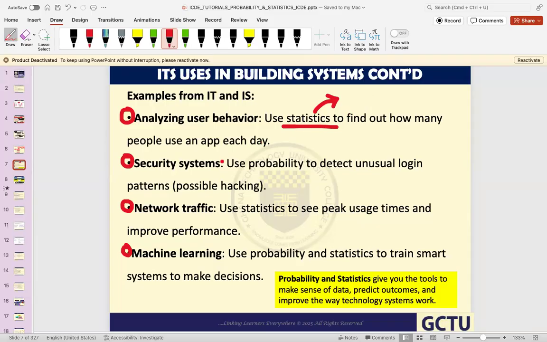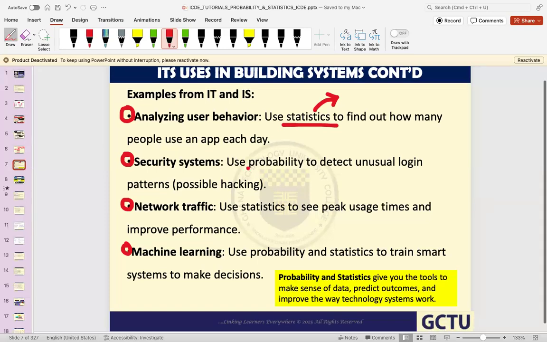Security systems, the hacking and the scammers and the rest, sometimes we can use probability to be able to detect their activities or actions. Network traffic can also be analyzed using statistics. Machine learning will use both probability and statistics to train something we call smart systems to make decisions.